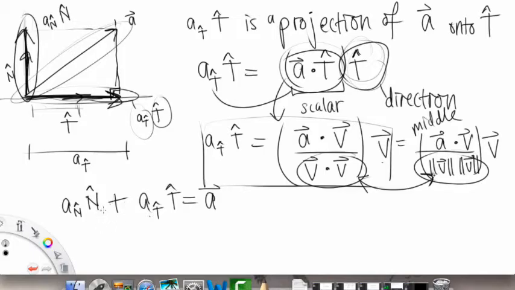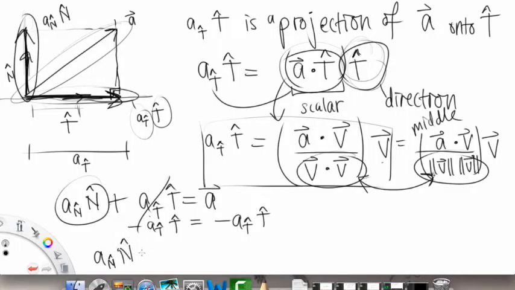But if you want to rearrange it and solve for this, then you just subtract the tangential stuff over to the right side. So we subtract this, that turns into 0. Then a sub n hat times n hat is going to equal our original acceleration vector minus a sub t hat times t hat.